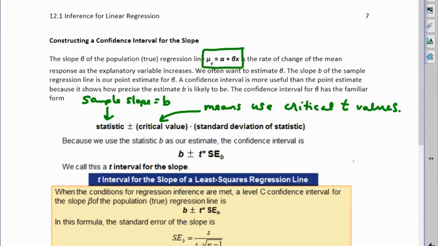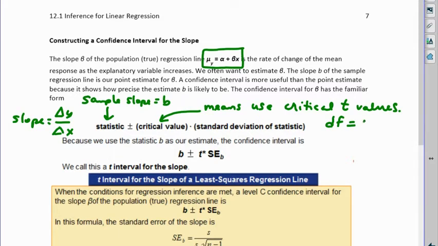And then we're going to need the standard deviation of our statistic. In this case, our statistic is slope. So the standard deviation of our statistic, which is our rise over run, is going to be the standard error of our slope.